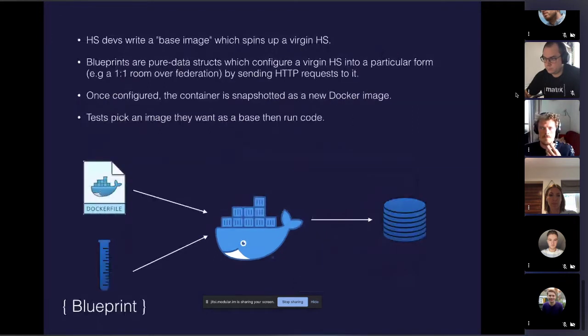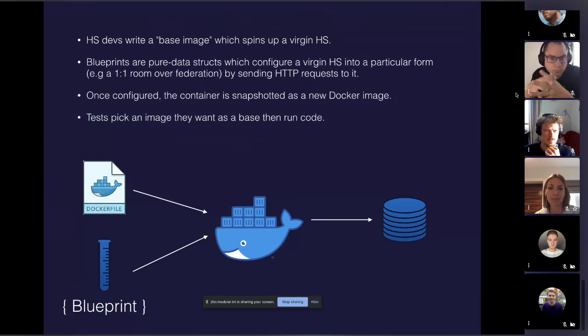The final other thing which Complement does is it has this idea of blueprints. The idea is that you might want to configure a home server in a particular way. So you might want a federated one-to-one room, and you don't want to be writing the code constantly to spin up two servers, have them federate, have one person create a room, then join the room and send a message and do all that.